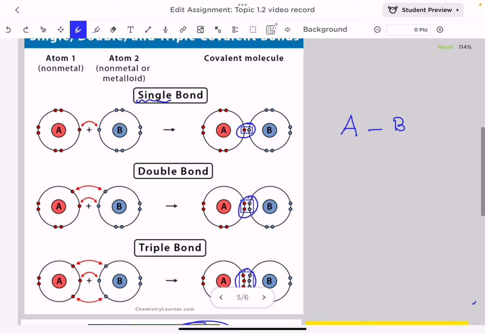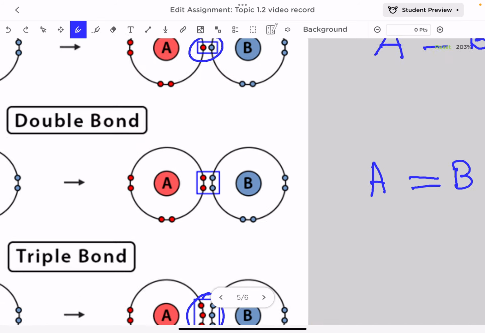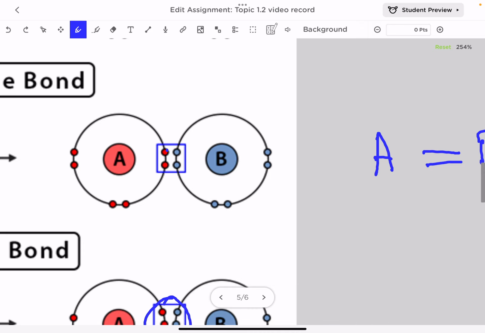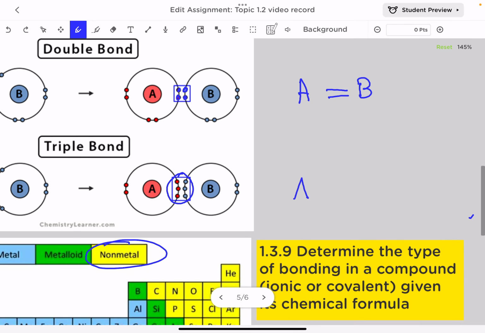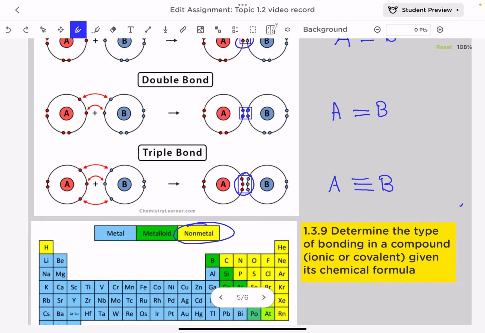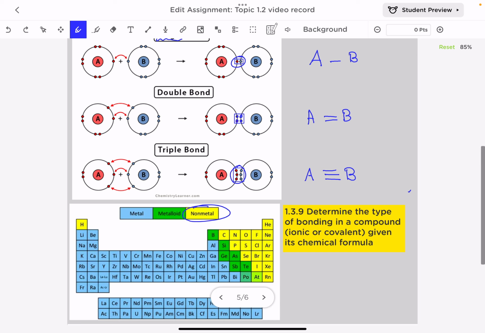One line, one pair of electrons, is for single bonds. 2 lines, or 2 pairs of electrons, is for double bonds. Remember, 2 pairs of electrons equal 4 electrons shared. Now for triple bonds, it is always represented by 3 pairs shared, which is equal to 6 electrons shared between A and B.